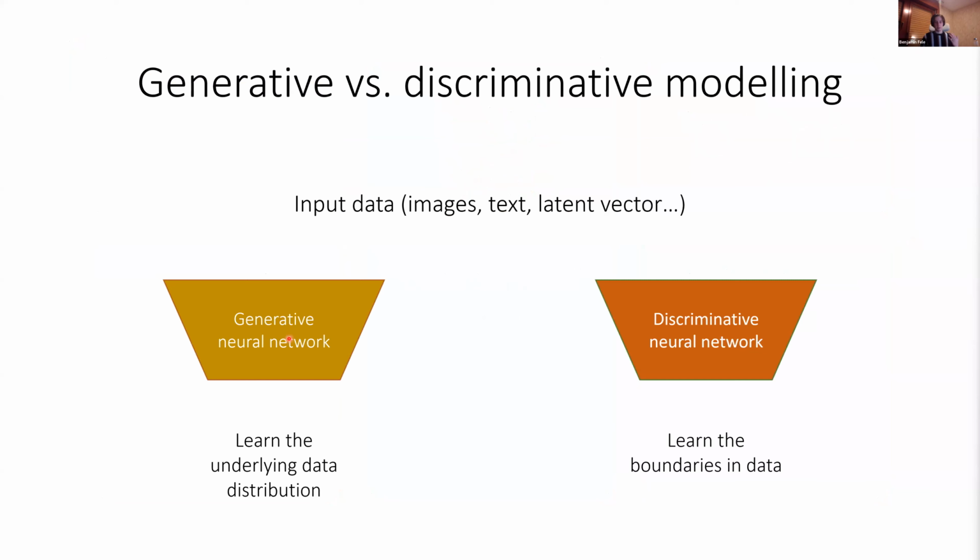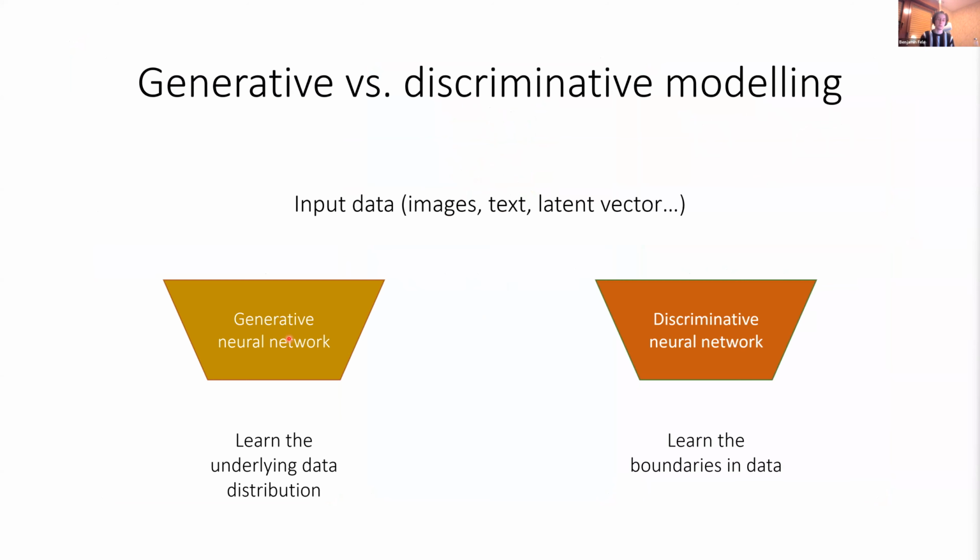A distinction I actually prefer is this one, which divides neural networks or modeling in general into generative and discriminative, where in the generative case you have input data and you aim to learn the underlying data distribution, while in a discriminative neural network you also get some input data, but you want to learn the boundaries.